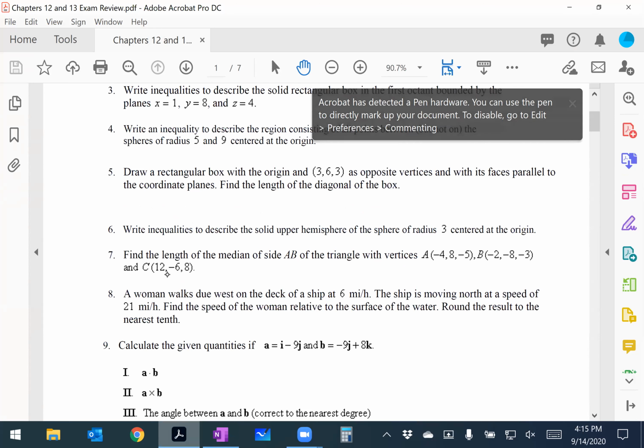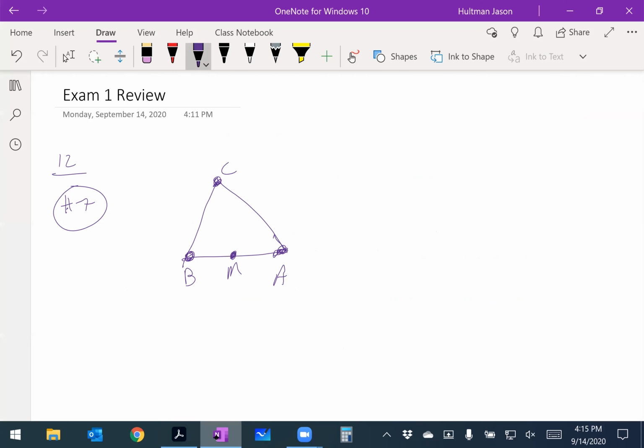Well, the first thing we need to do is find out, what's the median? Let's look at A. A is equal to -4, 8, -5. And B is equal to -2, -8, -3.